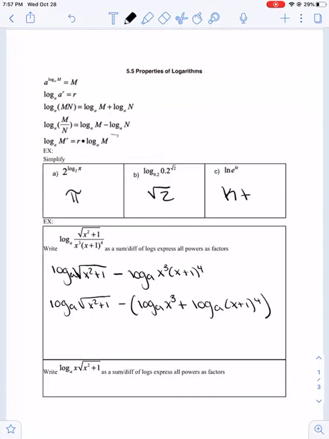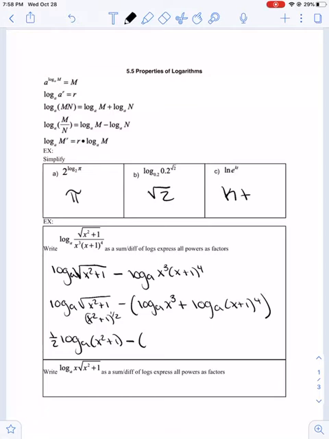The next property I'm going to use is the exponent one, the last one, where if there's an exponent, you can just put it in front of the log. So this x squared plus 1 square root is really x squared plus 1 to the 1/2. So I'm going to bring that exponent to the front. So 1/2 log base a of x squared plus 1.